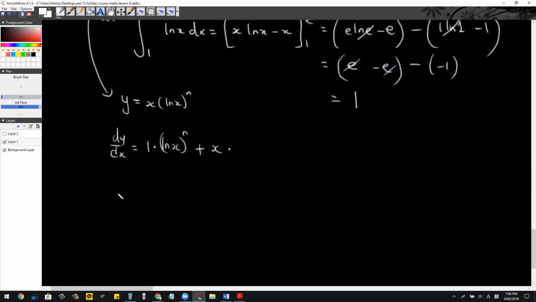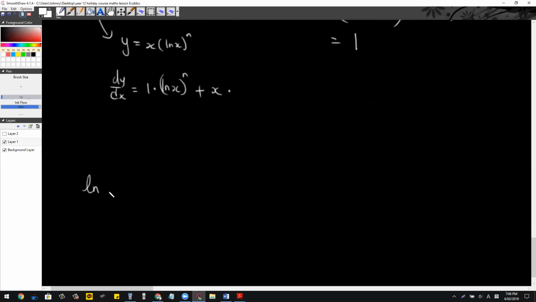So I want you to just notice something here. We didn't do much on logs, but when you have log of x to the power of n, this is not a differentiation rule. This is just a log identity. This n can come out to the front, so it becomes n log x.